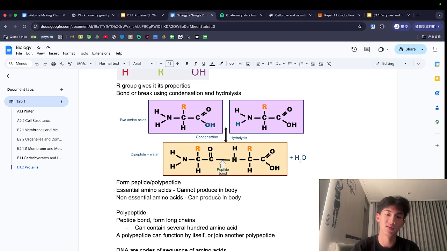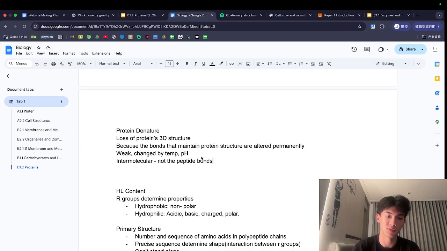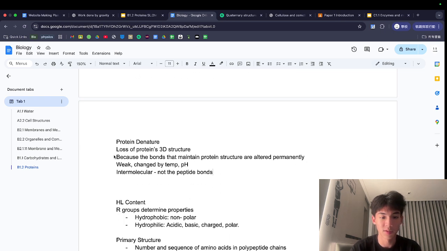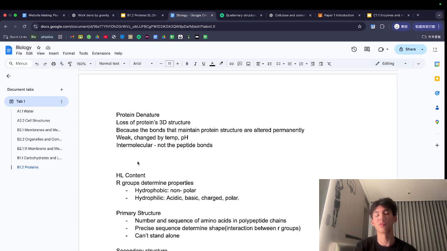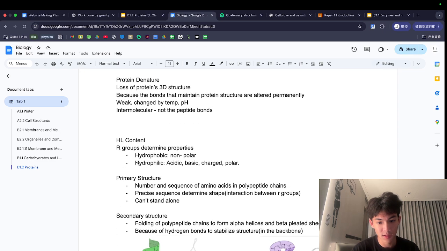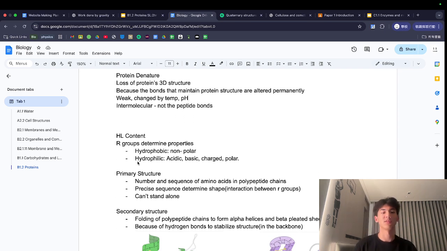This is intramolecular. Because the bonds that maintain protein structure are altered permanently, the protein denatures and can't be used anymore. These bonds are weak. They can be changed when you have more extreme temperature or pH level that the protein doesn't function well in. So that is it for the SL content.